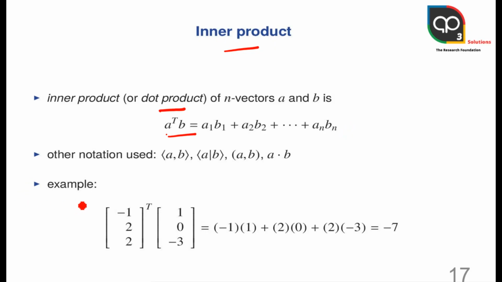And specifically, as an example, kindly just observe, if we have minus 1, 2, 2 as a vector a, and if we take the transpose of this a, and of course take the dot product with another vector b, 1, 0, minus 3, kindly just observe, here would be the result. This is minus 1 into 1 plus 2 into 0 plus 2 into minus 3, resulting in minus 7. And dear friends, here when n is equal to 1, the inner product reduces to the usual product of two numbers.